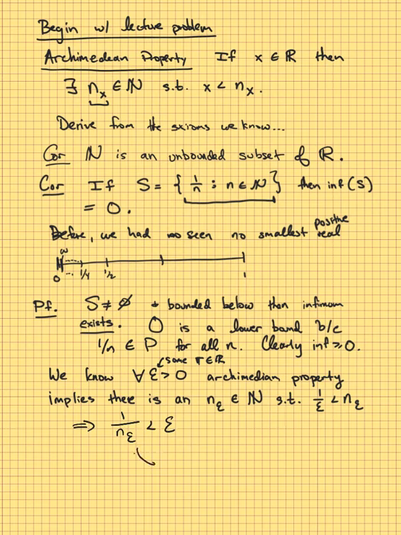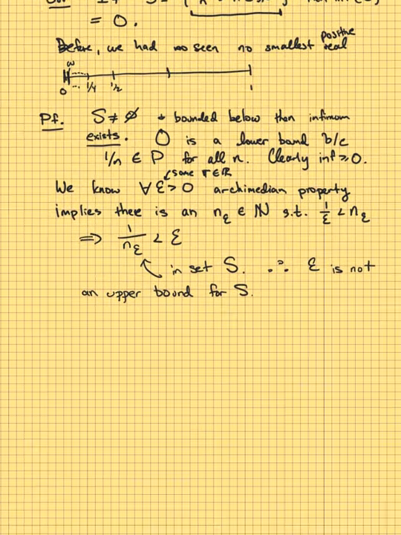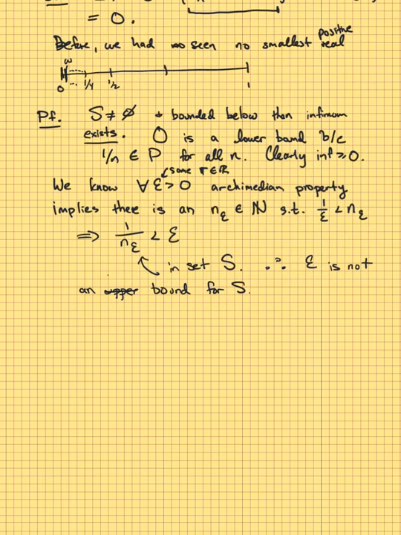And now this is some natural number, so this is in the set S. So therefore, this is saying that epsilon is not an upper bound for S. Okay, because we found an element of our set which was less than it. Oh, sorry, a lower bound. Okay?